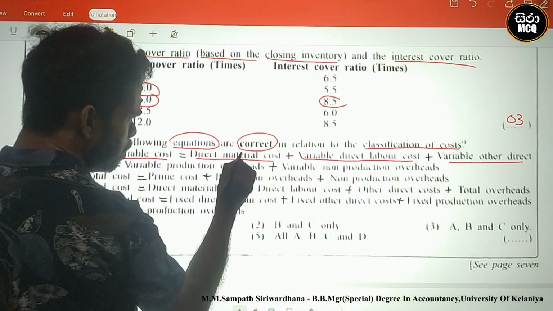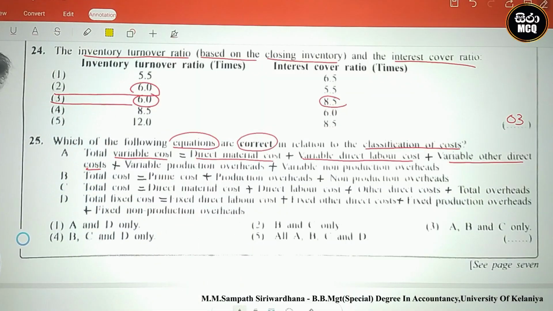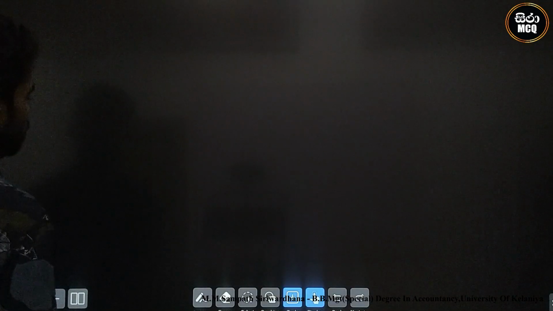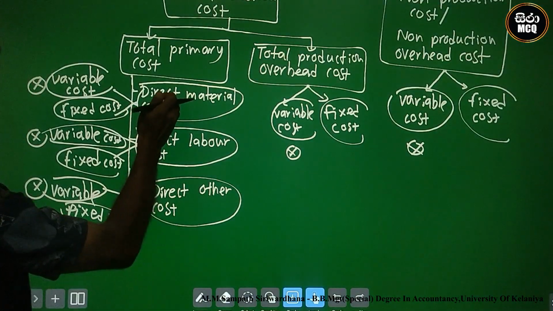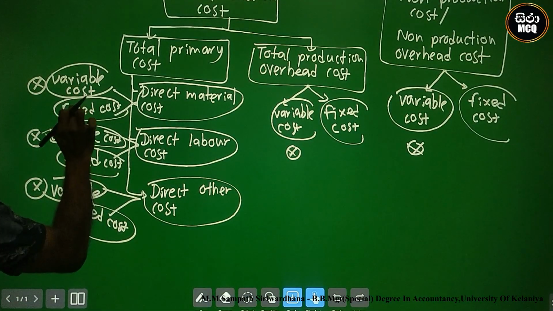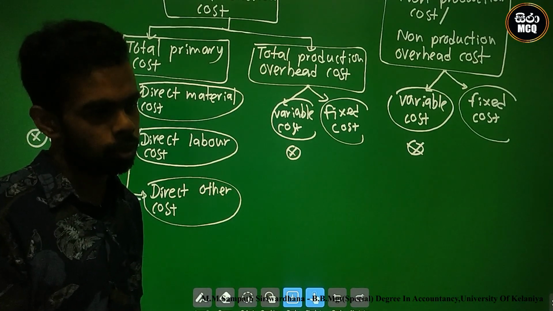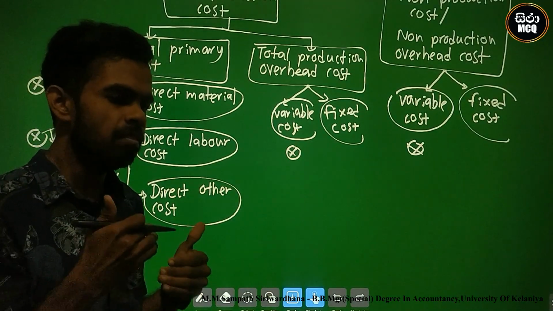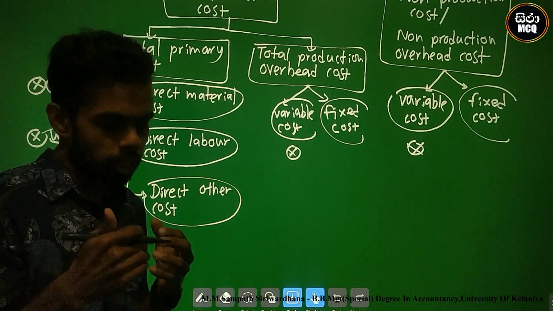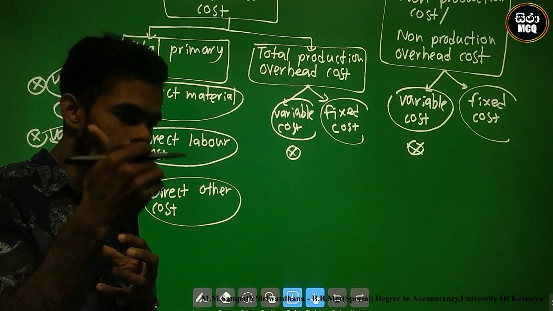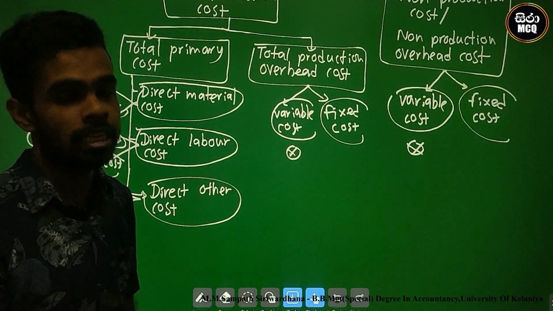Therefore, look here, what is the question? They said direct material cost. You know direct material cost can be fixed and variable both. But in the practical situation, direct materials are variable. Why? When production units increase, the material cost increases.